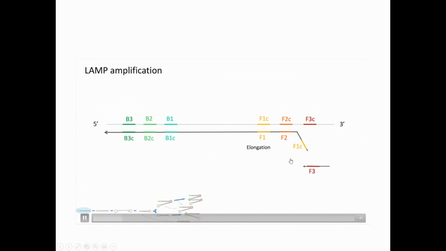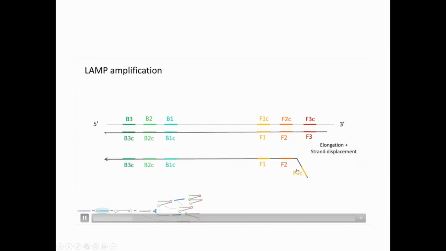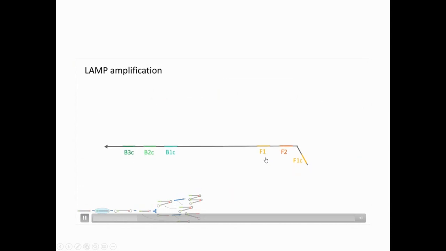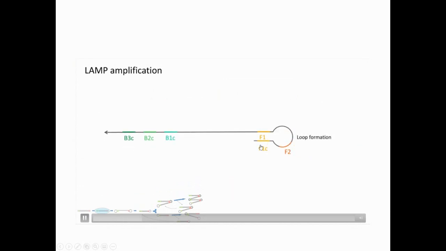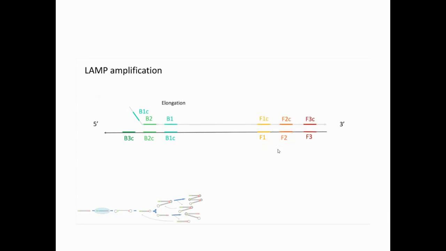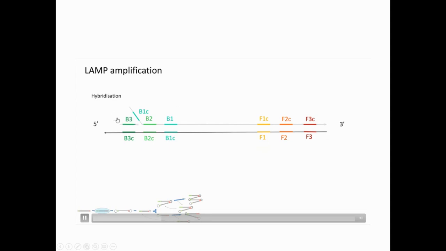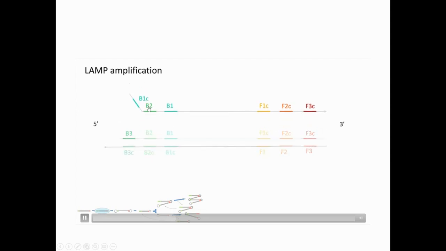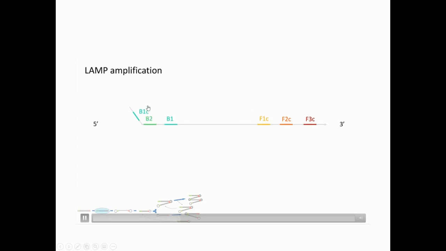F3 comes here, and this will be displaced, and then F1C, they form this complementary sequence here, and now B2 amplifies, displacement, right? Remove this piece, they form this dumbbell structure, right here.